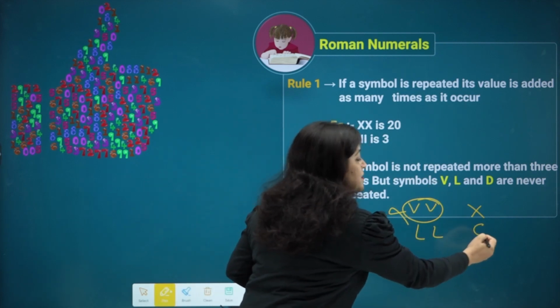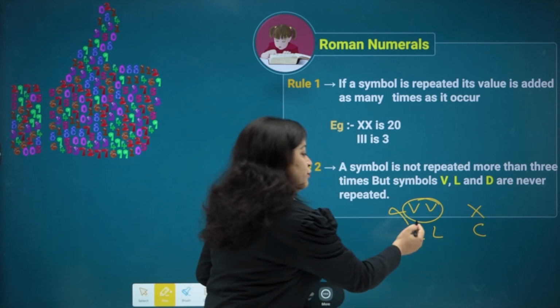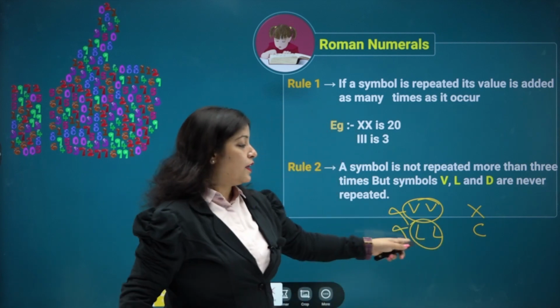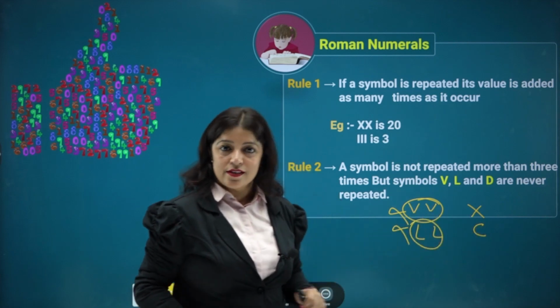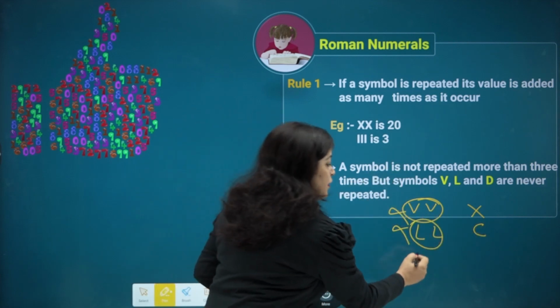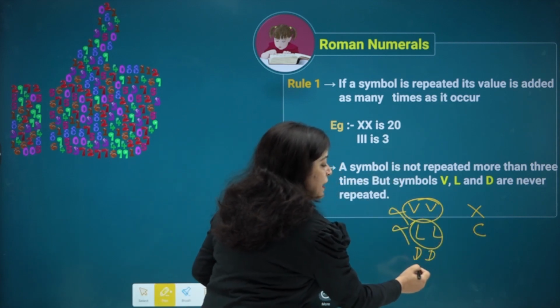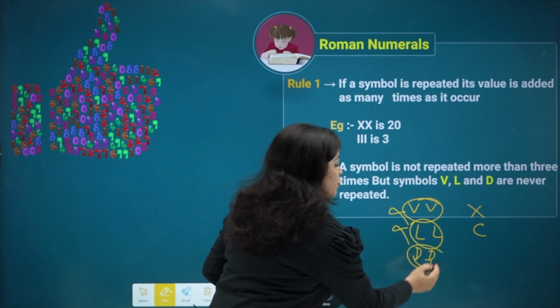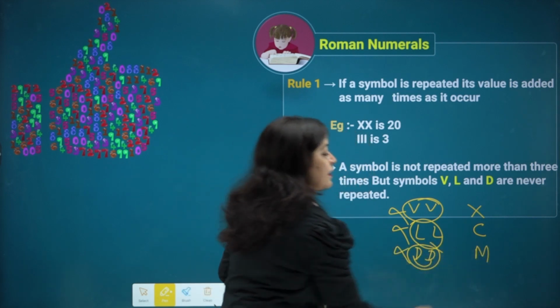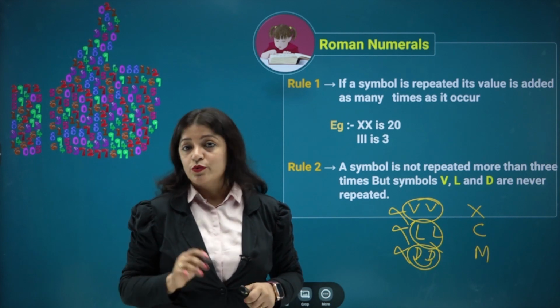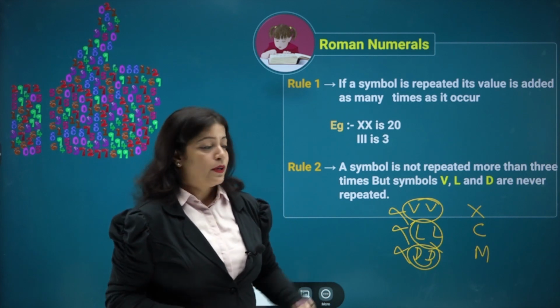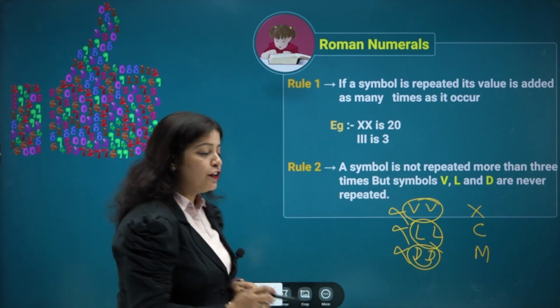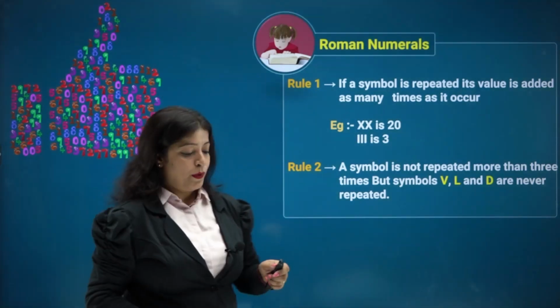You will get the letter C, 100. So, 50 plus 50, don't write it like L and L, directly write it like C. Next is D. If I repeat D, it will be 500 and 500. Of no use because we directly have the letter M for millennium, that is 1000. So remember, V, L and D are never repeated from the set of Roman numerals here.